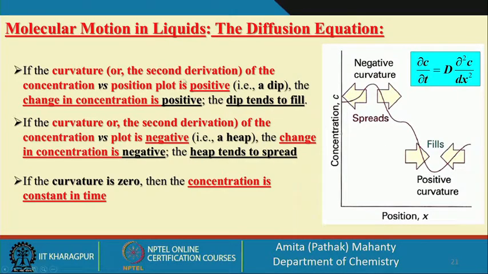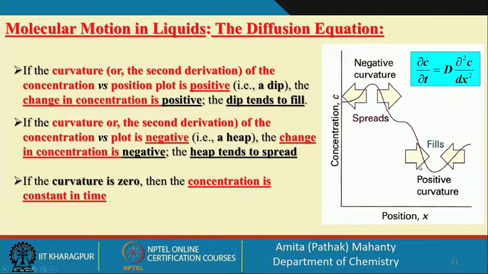The curvature of the concentration versus position plot is positive, the dip, like here we have, the change is positive, and if the change is positive, then we have a dip in the concentration, and there is going to be a tendency to fill this dip.